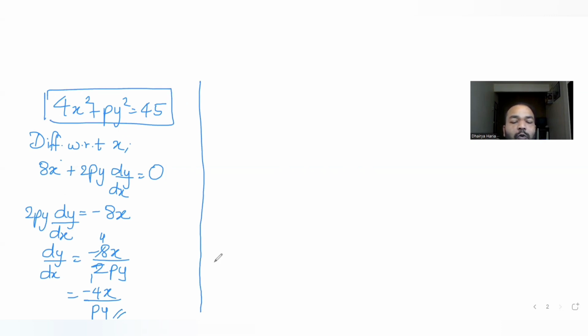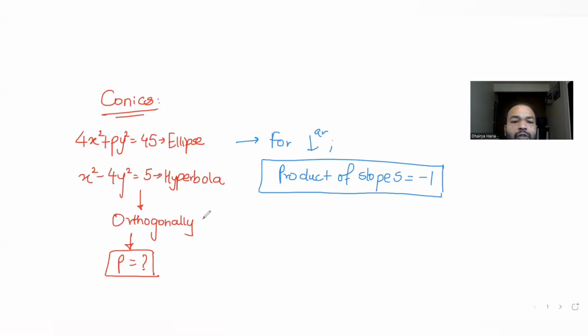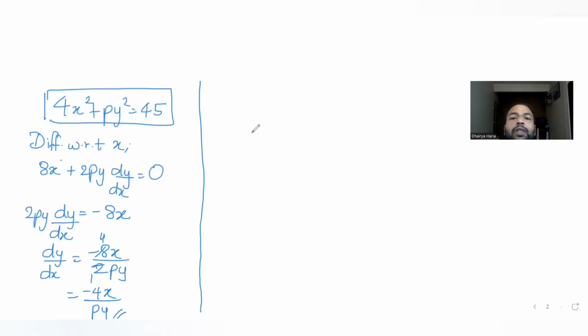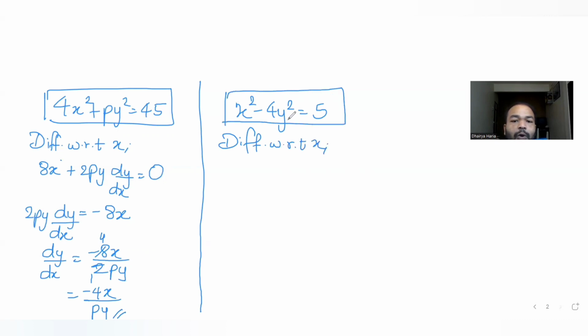Now let's try to find the slope of the hyperbola also. The equation of the hyperbola is x² - 4y² = 5. Again, the same thing: I differentiate the curve with respect to x. What I get here is 2x minus 4 times the derivative of y², which is 2y, so it becomes 8y dy/dx, equal to 0.